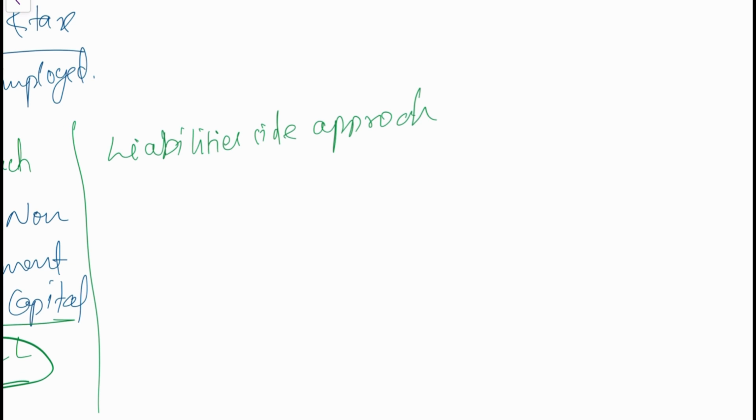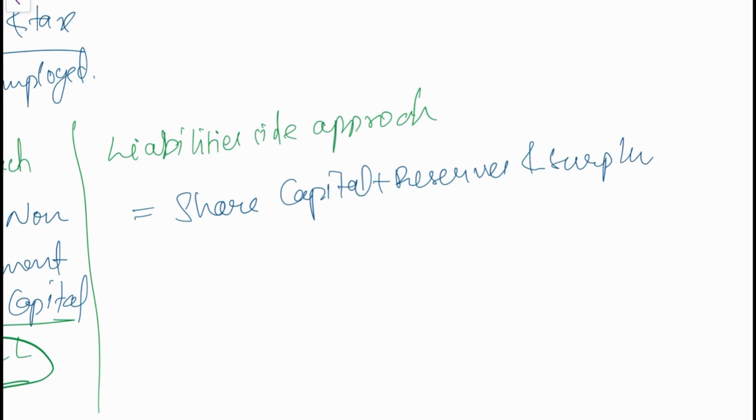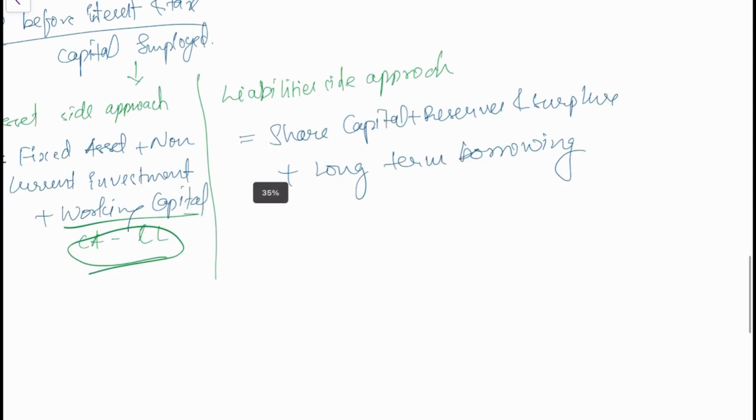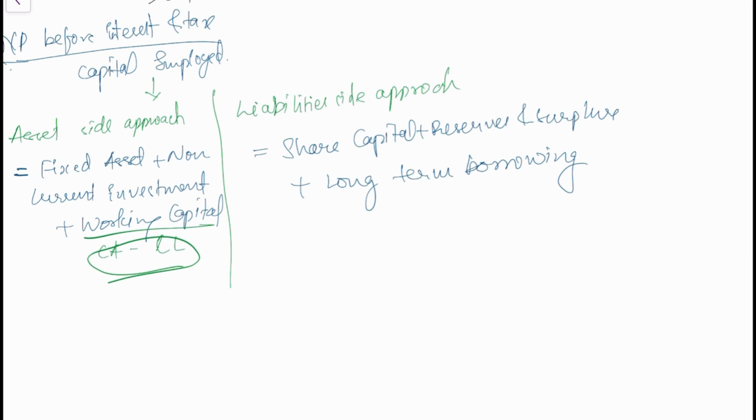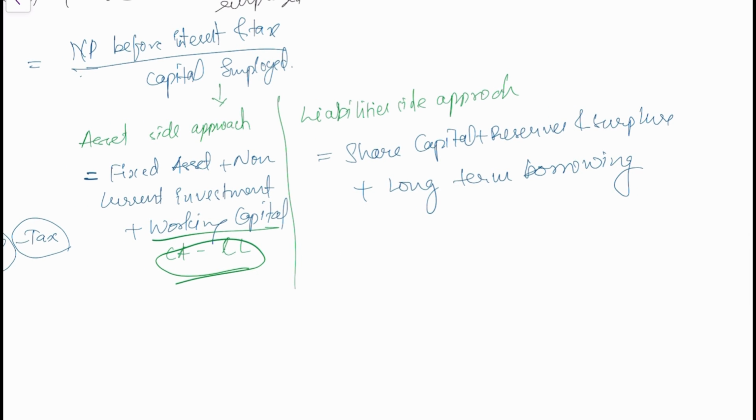If you use the liability side approach, then you have to take share capital, then add the reserves and surplus, then add long term borrowing. So from this you will get the liability side approach, but the answer for asset side and liability side will be the same.